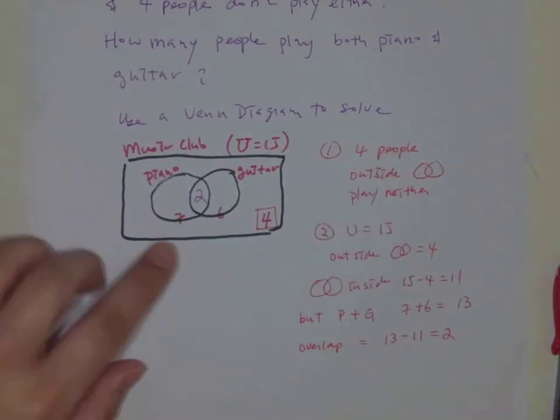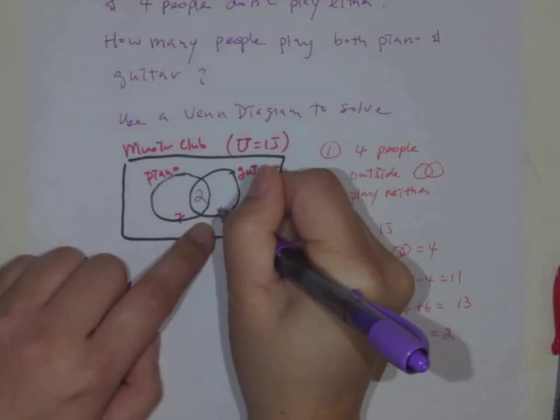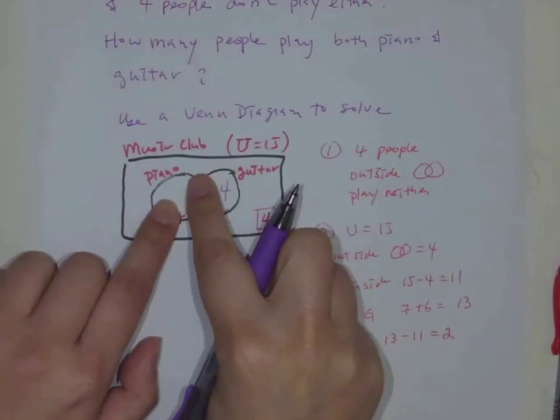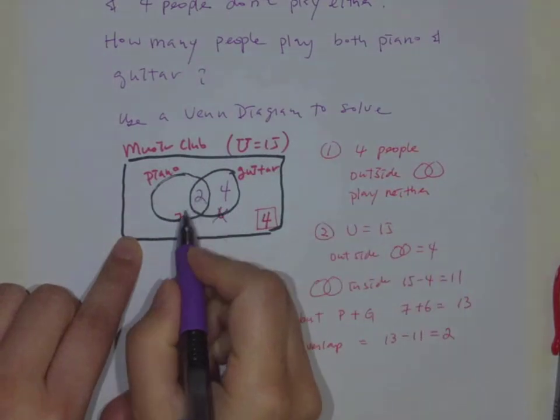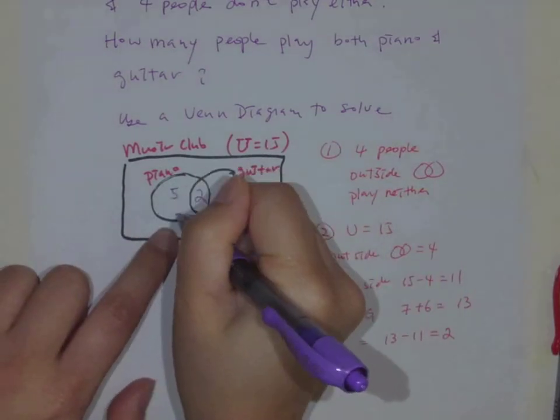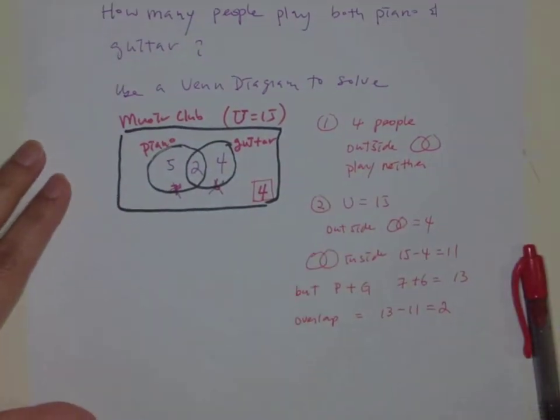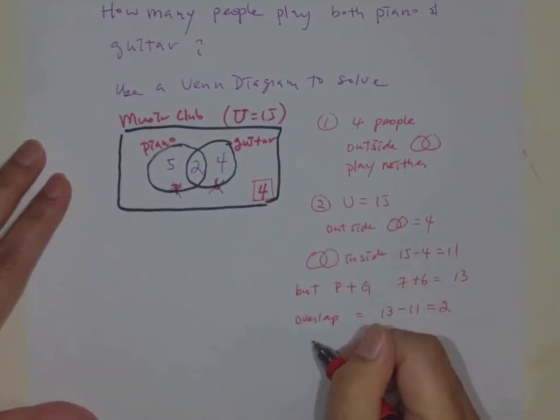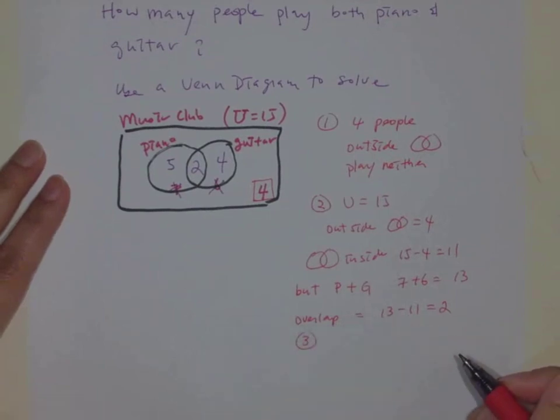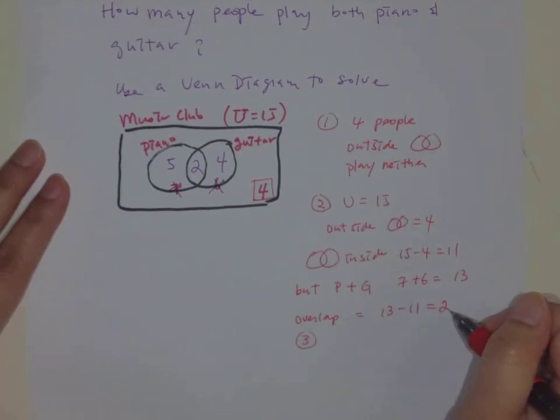So if 2 is there, instead of 6 here, this should become 4, right? So together you still have 6. If 7 minus 2, this would be 5, right? So together this circle still have 7. So I can write down the step number 3. So this overlapping is 2.